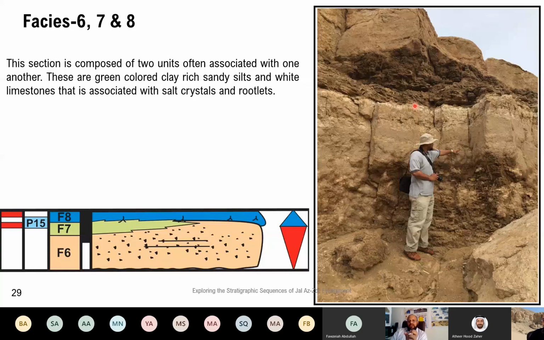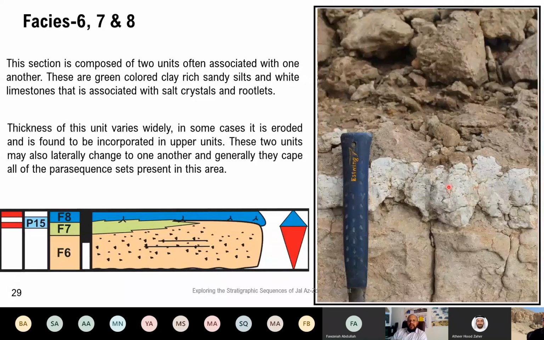If you take a closer look at these layers, they are predominantly composed of carbonate. Here we can see evidence of fenestral porosity. And basically what we describe these as is microbialites. Now we know that these have been described as caliche or as calcrete.